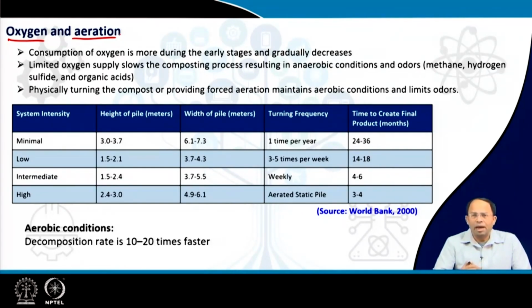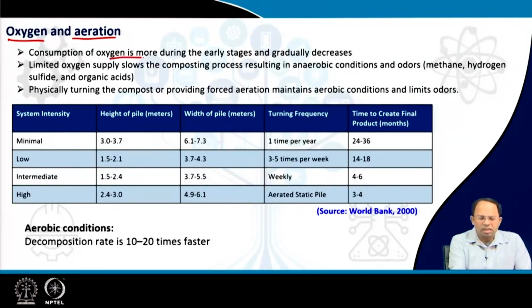That means we break up the pile at certain intervals, so that it is broken into smaller components, and the entire organic matter gets exposed to the air, and in that way it can get oxygen, right, for decomposition.